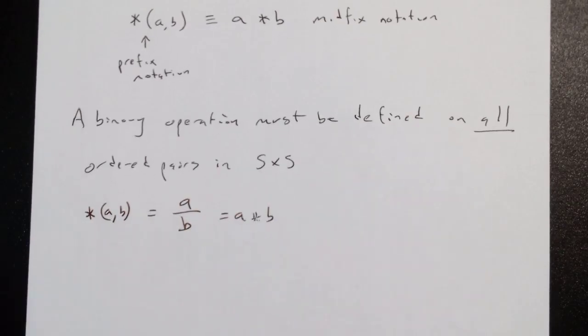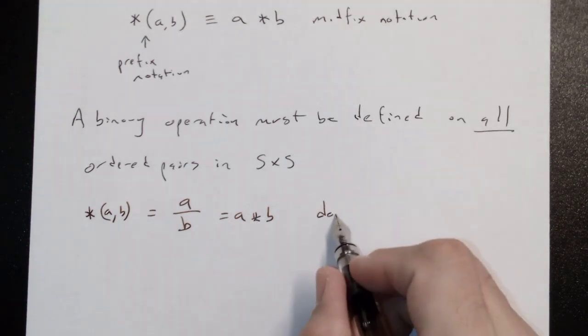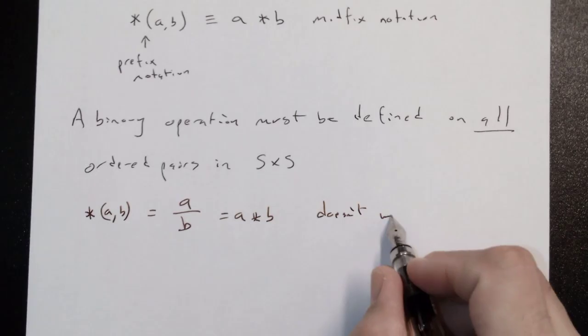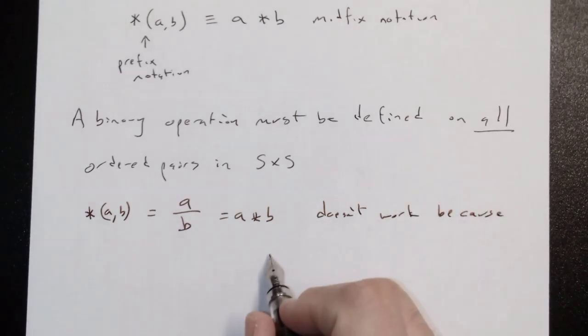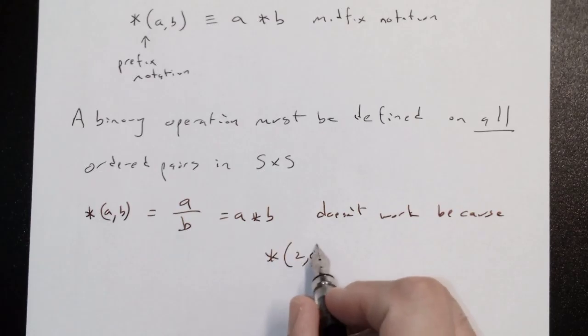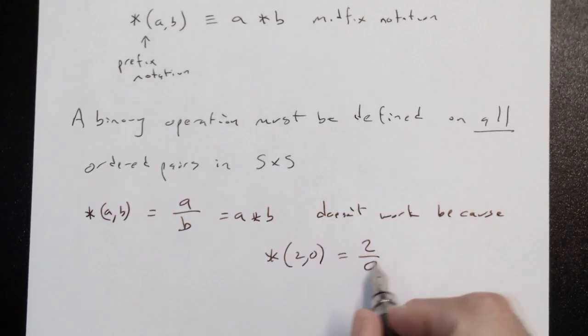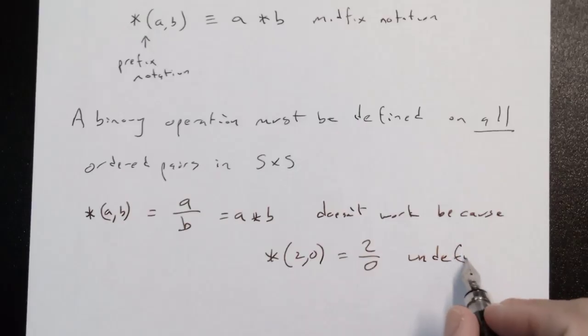If I write my operation to be division, that doesn't work. Star to 0 doesn't make sense.